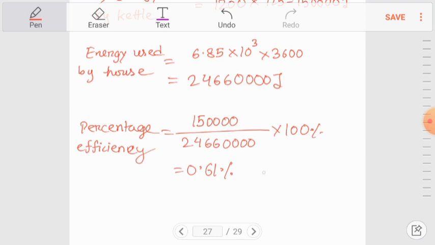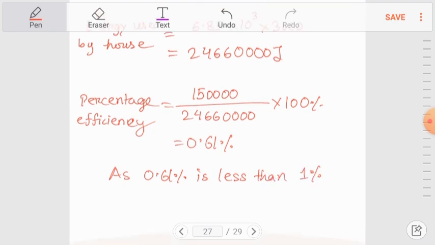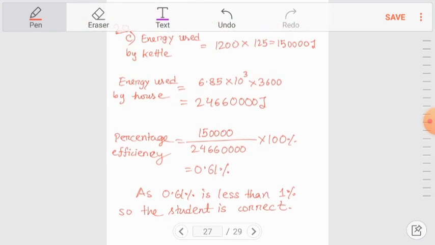And we can see that 0.61% is less than 1%, so the student is correct. And with this, our question number 20C ends, and our entire paper for January 2021 Physics Unit 2 IAL also ends.